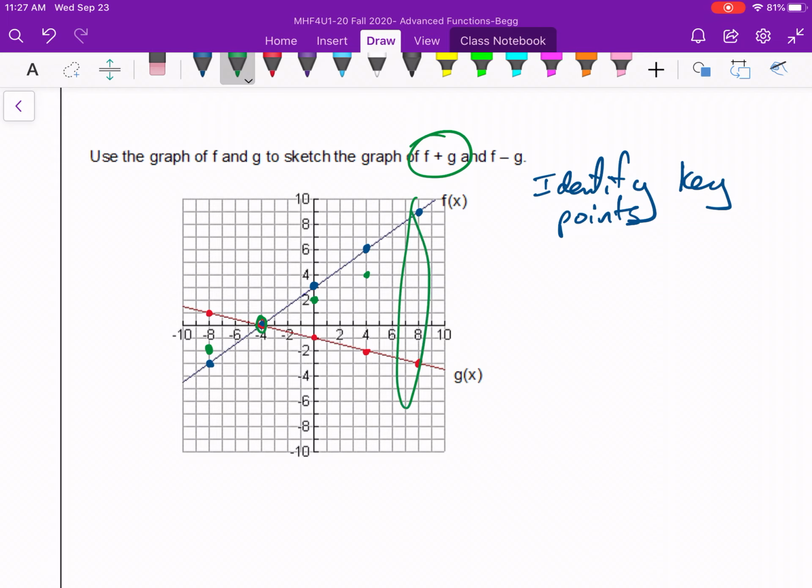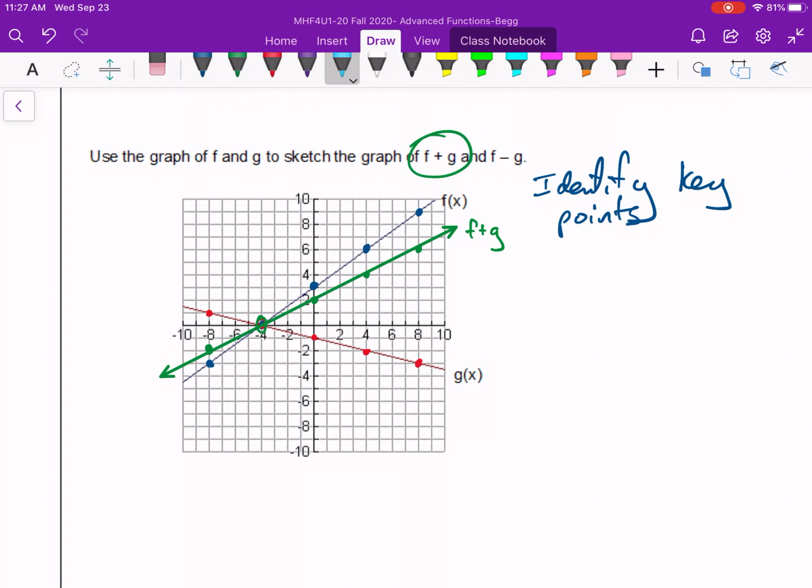I'm going to add negative 3 and positive 9 and get positive 6. And you can see that if I add two straight lines together, I still get a straight line. So this is the graph of f plus g.